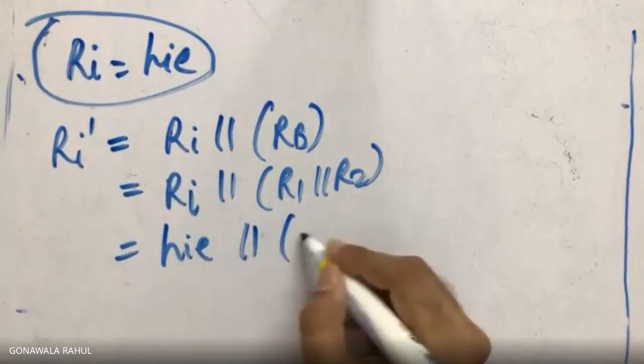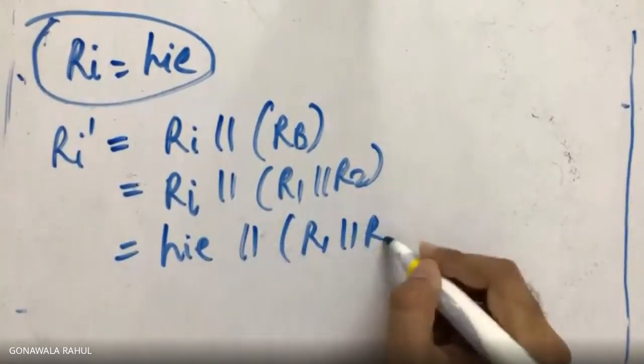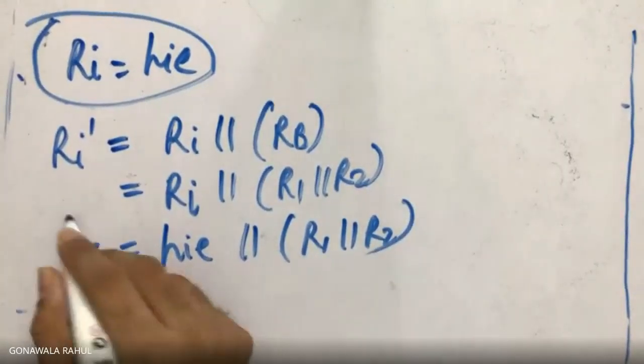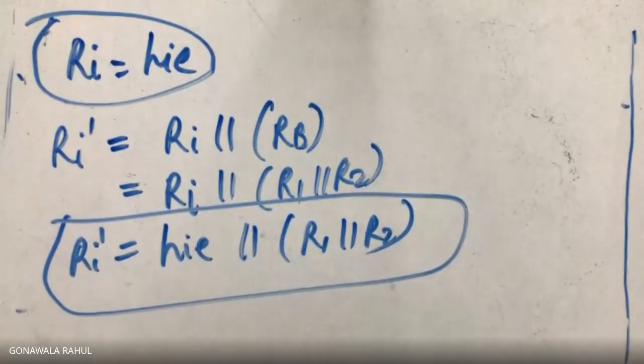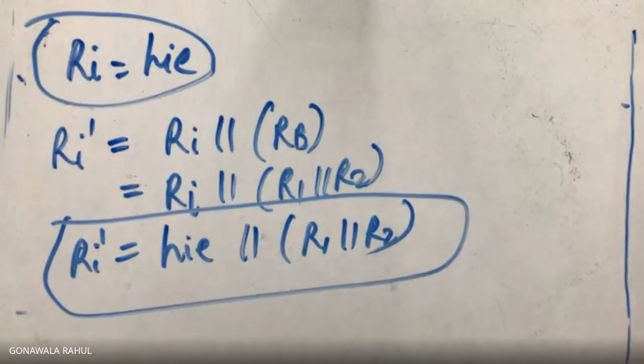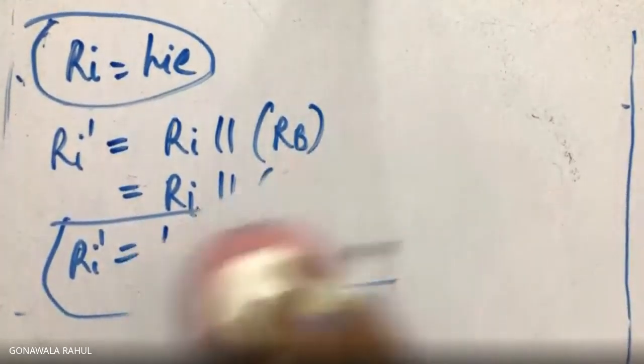So the input impedance for the entire circuit will be HIE parallel R1 parallel R2. Clear?